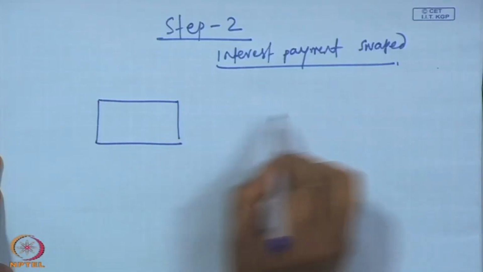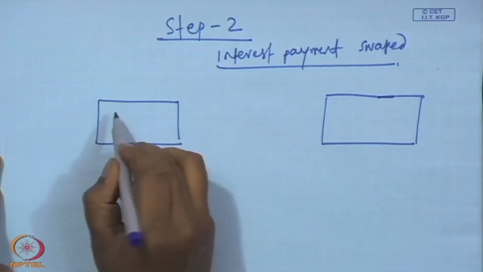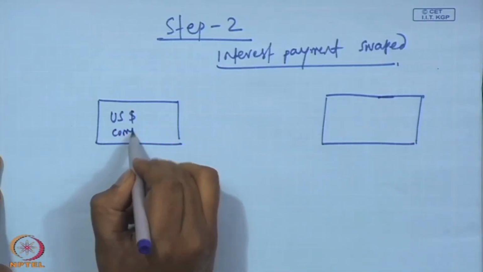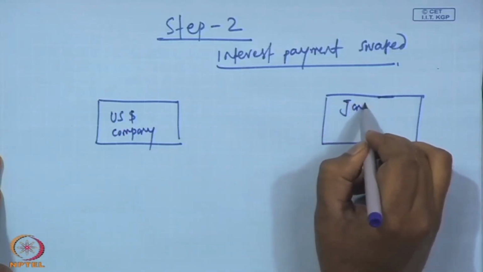Here is the US company, US dollar, and here the Japanese company, Japanese yen.